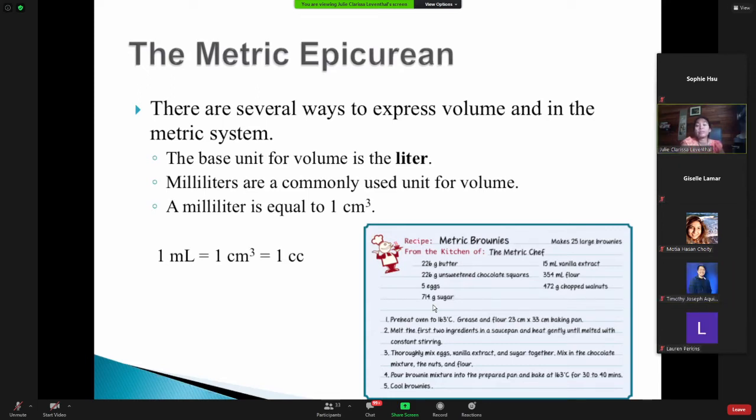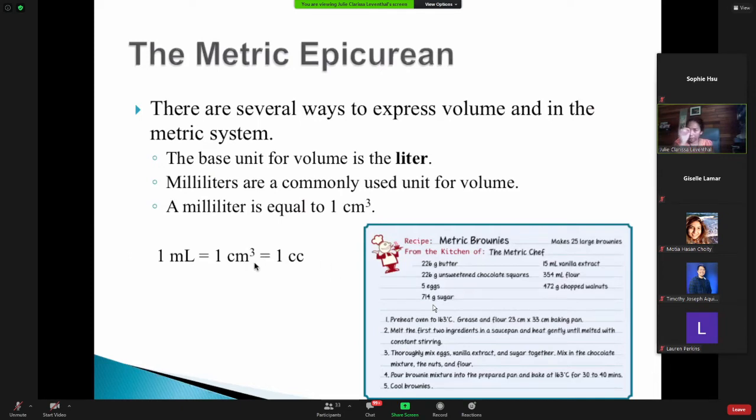Length times width times height. So that's why this unit of volume, milliliter, is also cubic centimeter, because centimeter times centimeter times centimeter is cm cubed, or cc, cubic centimeter. That's why milliliter is cc is cm cubed.